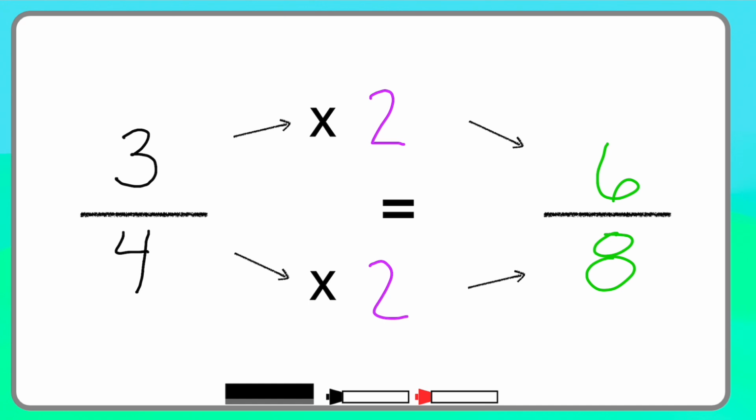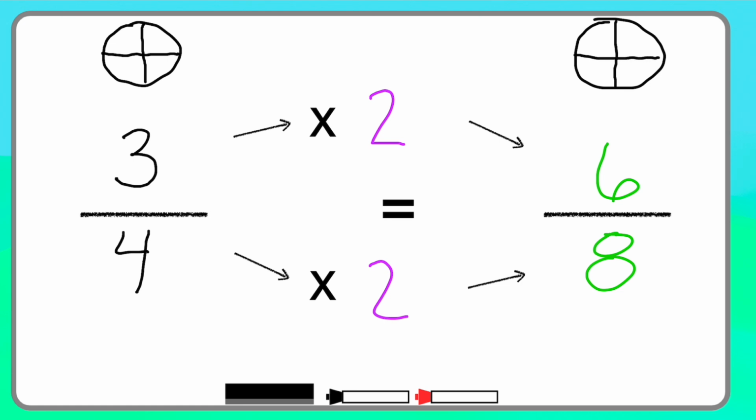Let's see if these really are equivalent fractions. I'm going to draw a circle, and I'm going to cut my circle into 4 pieces over here. I'm going to draw a circle on this side, and I'm going to cut this one into 8 pieces. My first circle, I said I was shading 3/4.